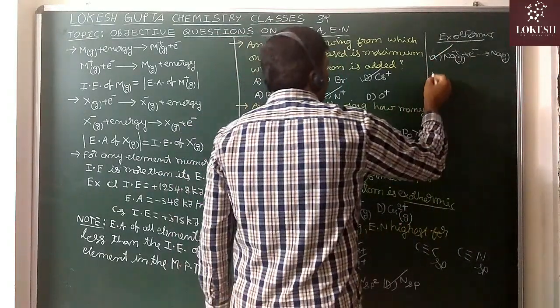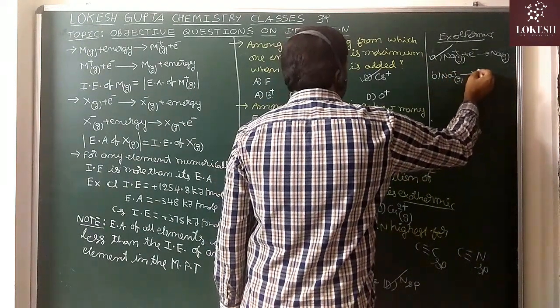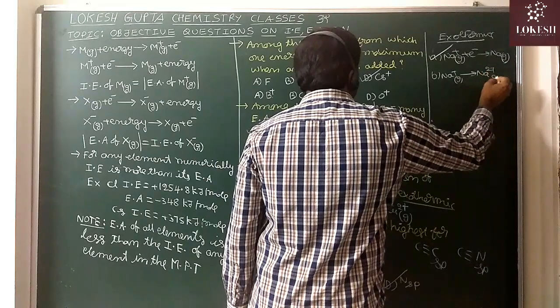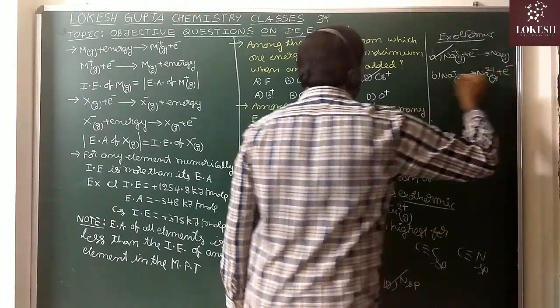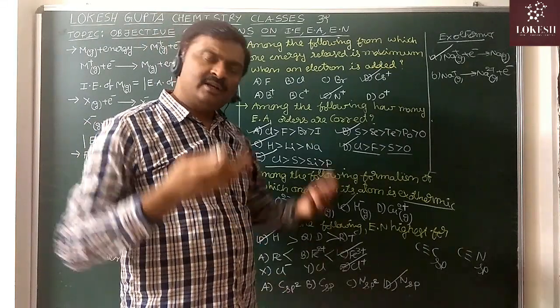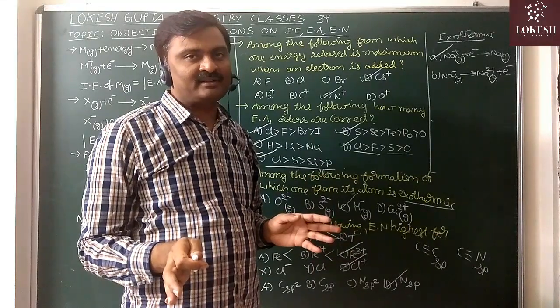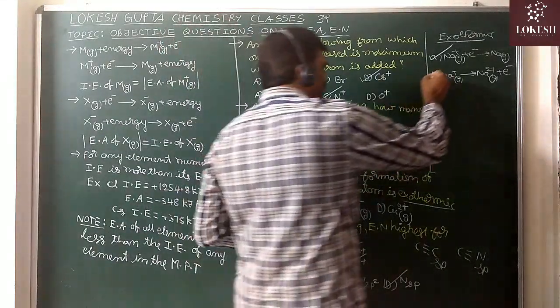Next, B: Na plus gas gives rise to Na2 plus gas plus electron. Now what is this? Second ionization energy of sodium. IP1, IP2, IP3, everything are endothermic only. So it is endothermic.